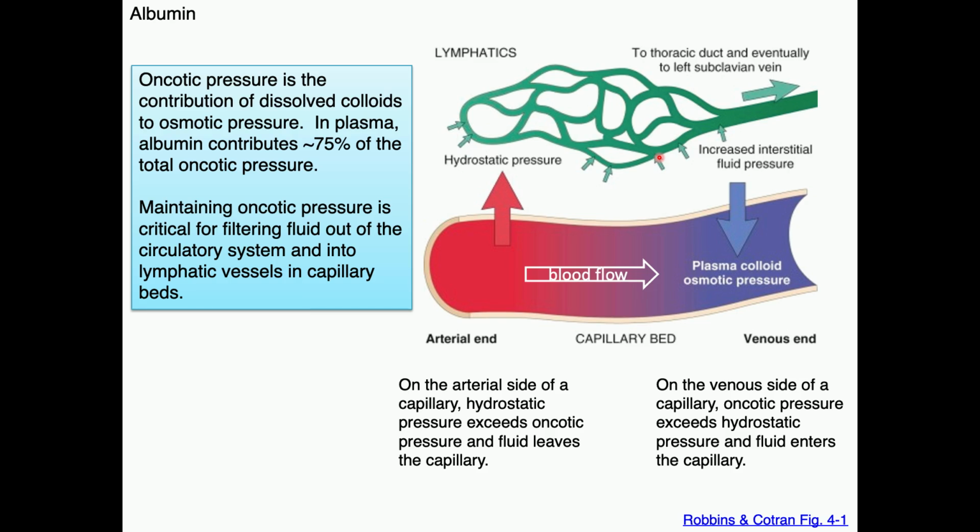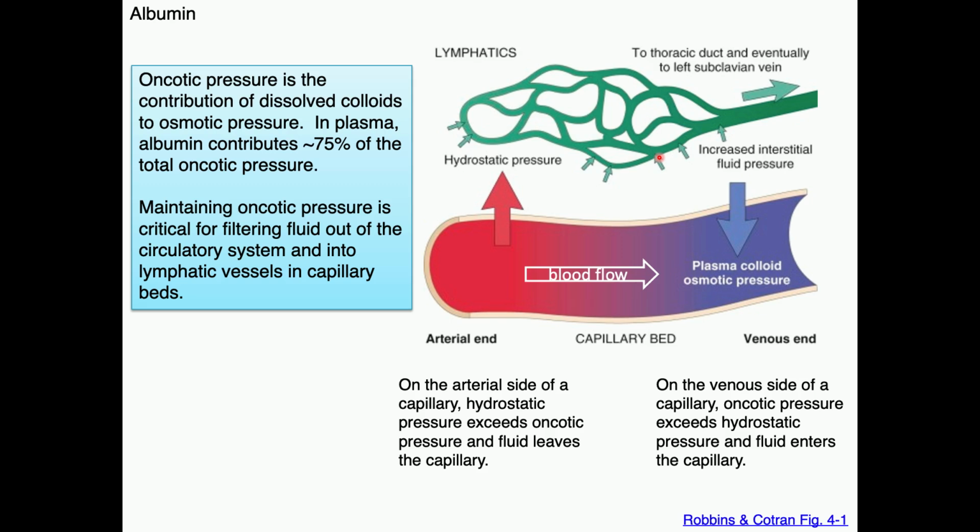And blood is flowing from one direction to another, right? So that means there must be a pressure gradient. The pressure that your heart is generating, that's going to be higher on this end than on this end, right? And that allows the blood to flow from high pressure to low pressure.